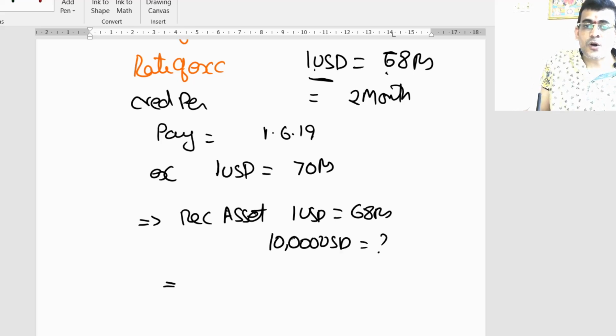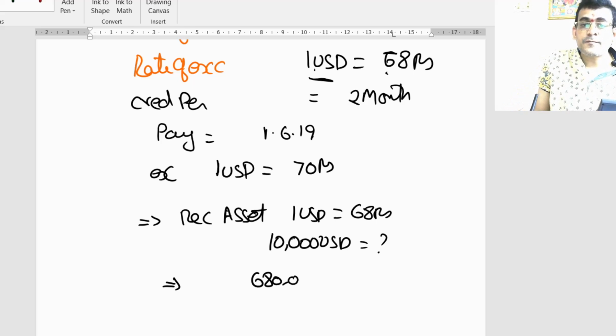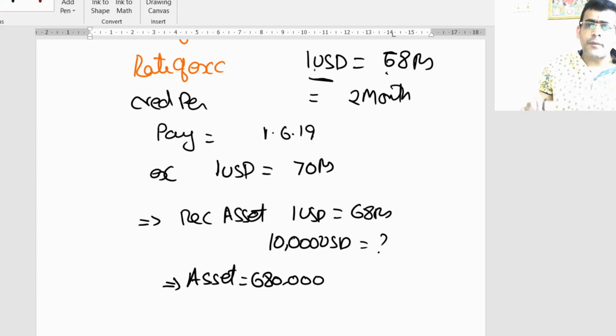That means I had recorded the asset value as 68 into 10,000, which gives 6,80,000. This is nothing but your asset recorded in your books at 6,80,000. This is the value as on 1st April 2019.